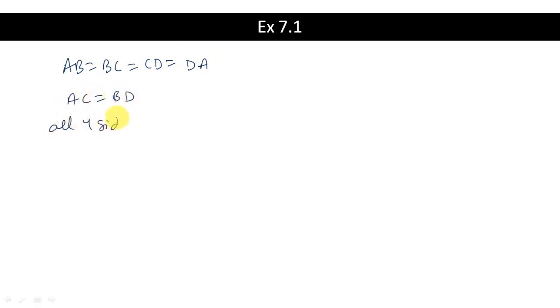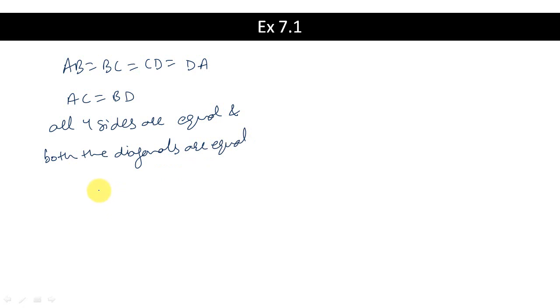All the four sides are equal and both the diagonals are equal. Therefore, it is a square.